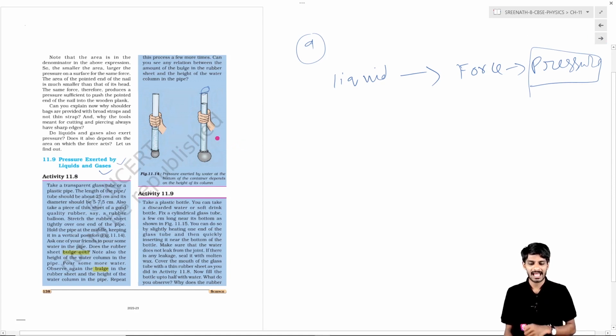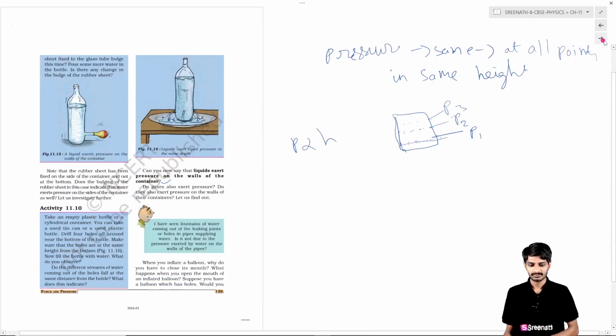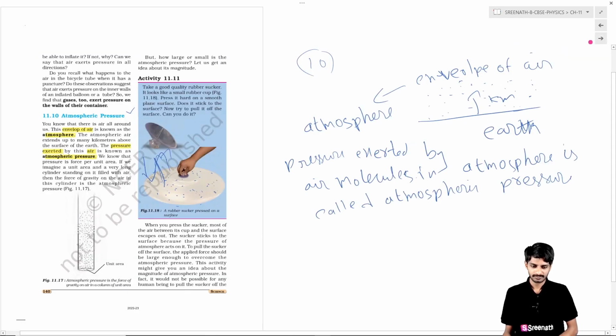We have seen it with an example. Pressure at all points at the same depth is the same. We found this out using an example. Finally, atmospheric pressure. The envelope of air is called the atmosphere, and those air molecules exert force upon us. That is called atmospheric pressure.